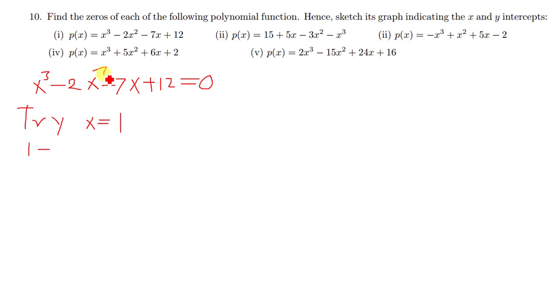Then 1 to the power 2, which is 1, times 2, minus 7 plus 12 is equal to, let's see if this is going to give us 0. For it to be called a factor, it has to give us a 0.